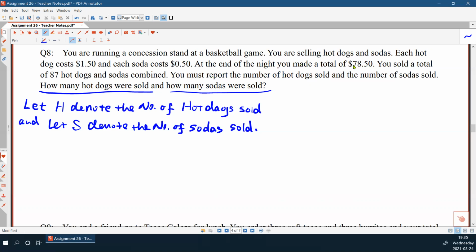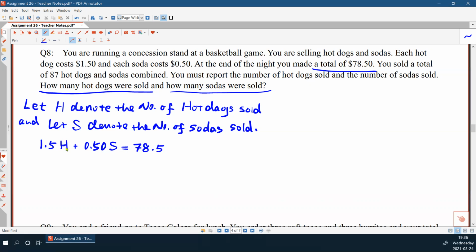First piece of information is we have made a total of $78.50, right? So that means total revenue from hot dog, which is 1.5 H, plus total revenue from sodas, which is 0.50 S, should equal 78.5, right?